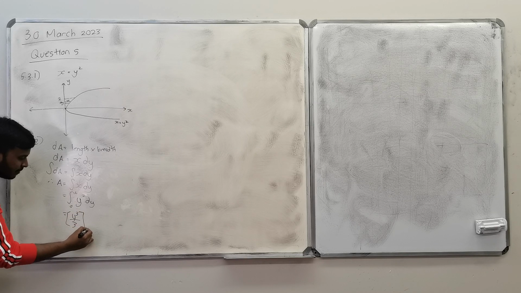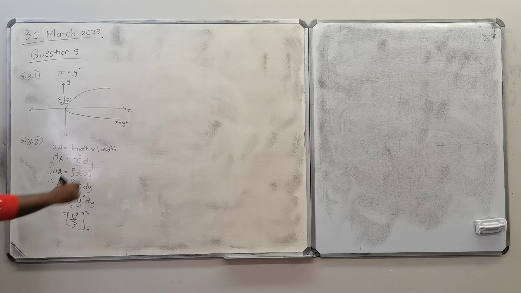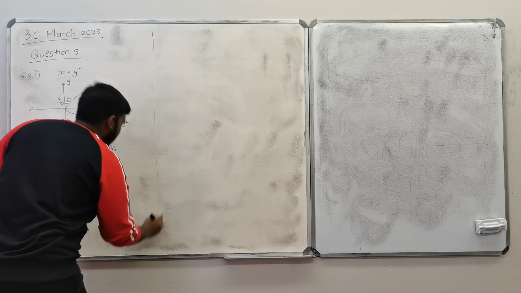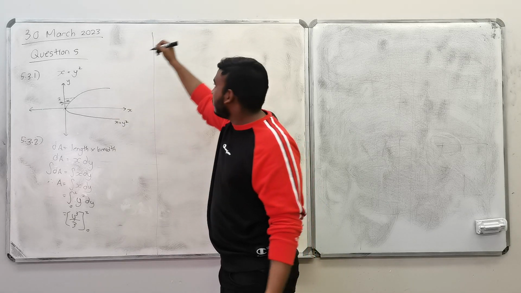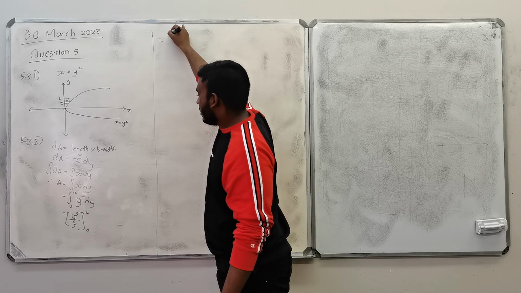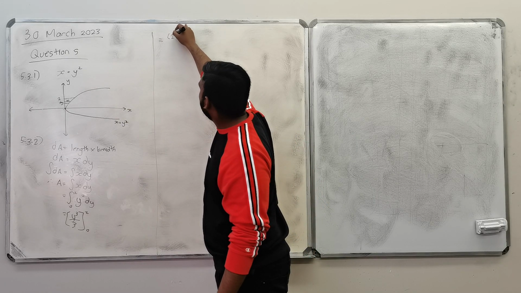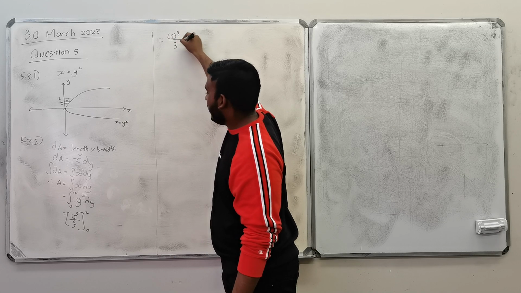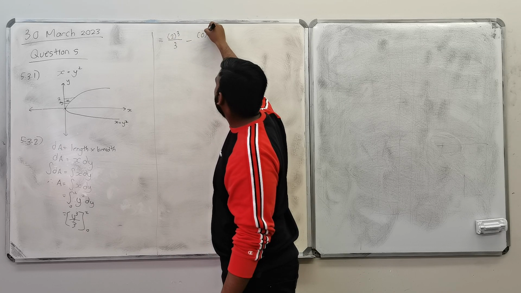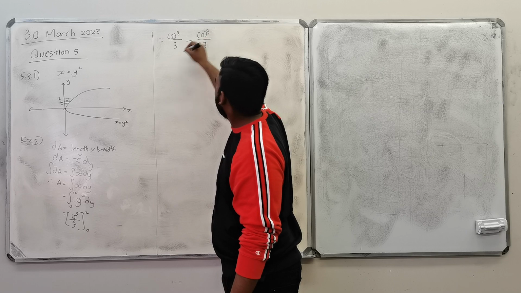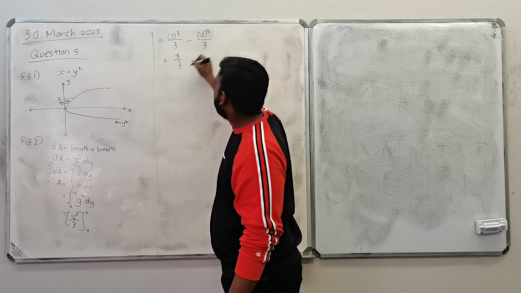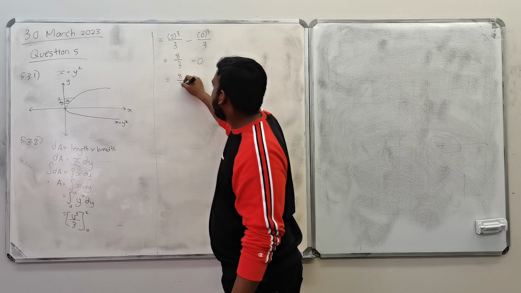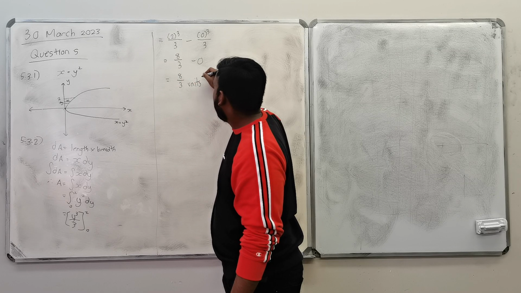And you are integrating from 0 to 2. And then you're going to substitute your upper and lower limits, right? So you're going to get 2 cubed over 3 minus 0 cubed over 3. 2 cubed is 8 over 3 minus 0. So it's 8 over 3 units.